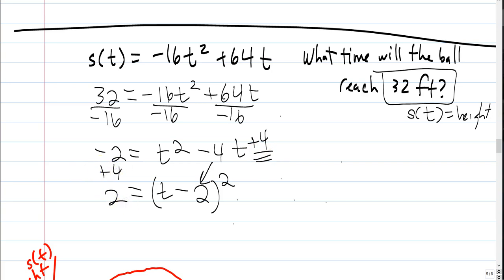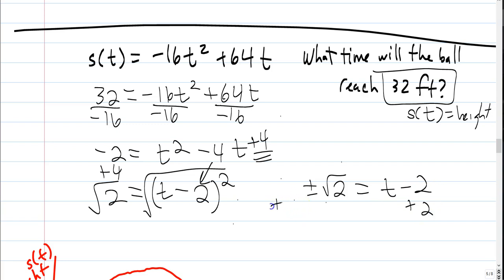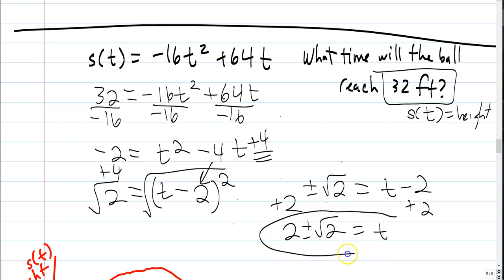So now I can solve this. Square root. T minus 2 is equal to plus or minus the square root of 2. Adding the 2, we get that t is equal to 2 plus or minus the square root of 2. Is it both answers? Do we toss out the negative this time?